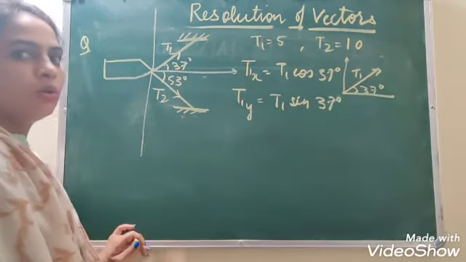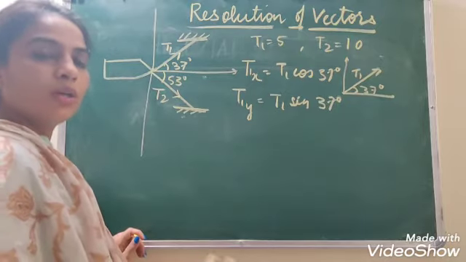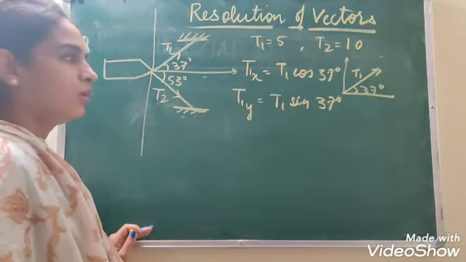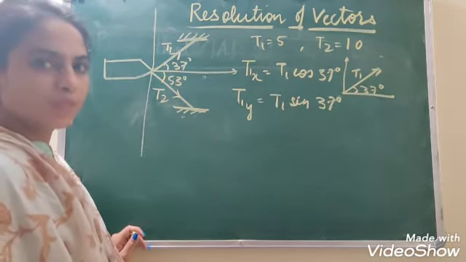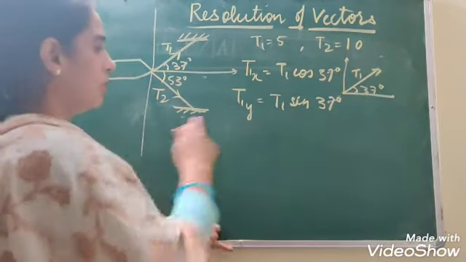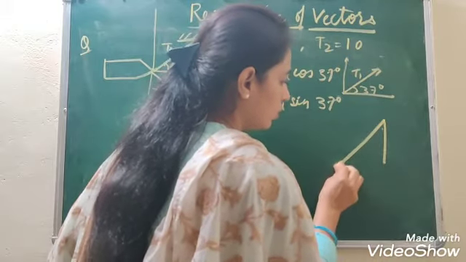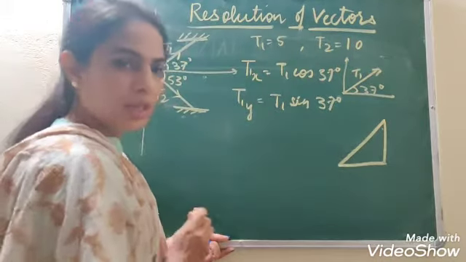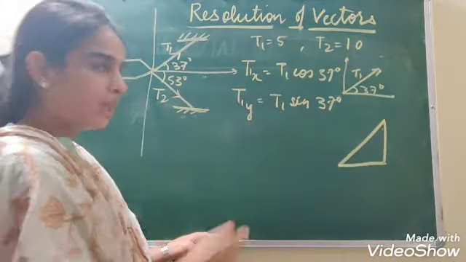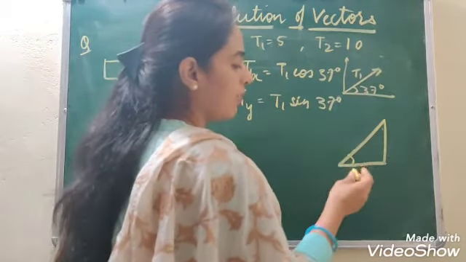Now how to find cos 37 and sine 37, because we know cos and sine and tan and all those values for 30, 60, 90, 45. So what about 37 and 53? See girls, this is very important. Draw these triangles in your copy. You will always get these angles in your physics now 11, 12.